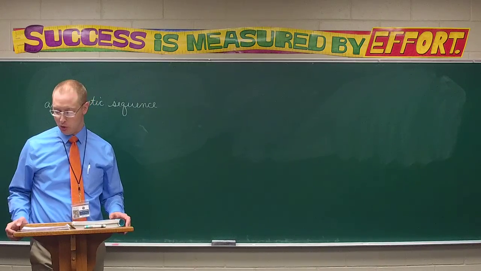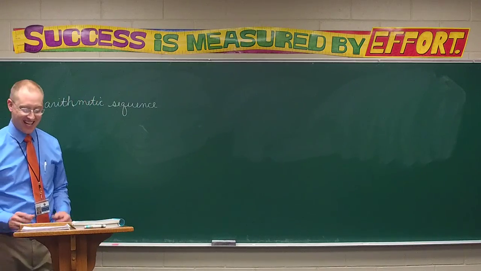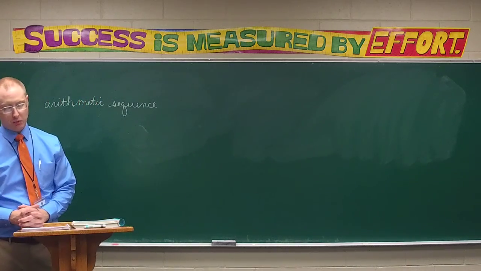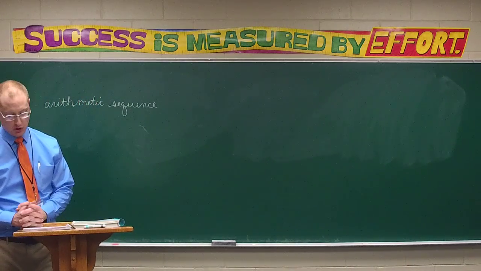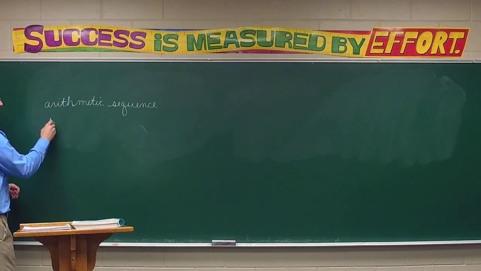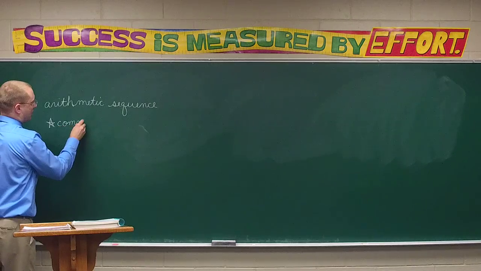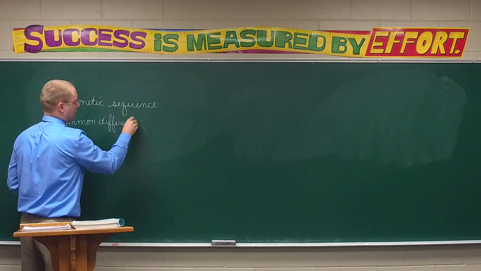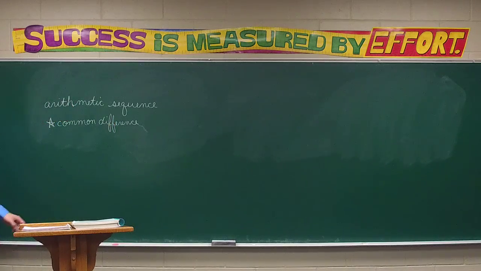Generate just sounds cool. And the name for that constant, write this down, is the common difference. The common difference. It's the name for the constant that is used to add to each new value.